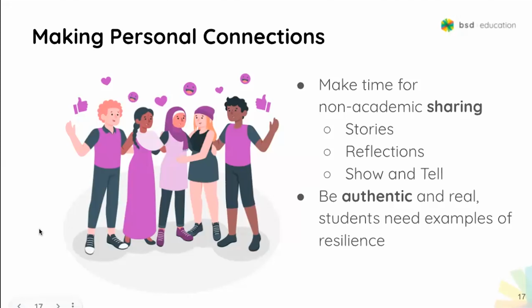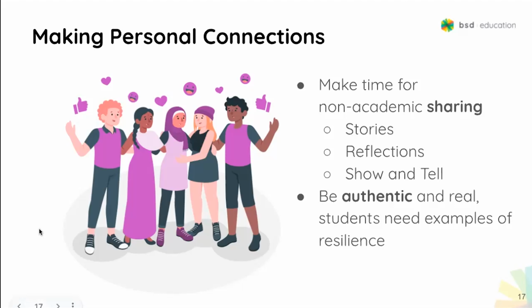And be authentic and real with the students. Give them examples. I always make sure that the students see that I have weaknesses too. I'm human, I'm not perfect. So usually the very first thing I say to them is, I'm not a good speller. And that's saying it lightly.